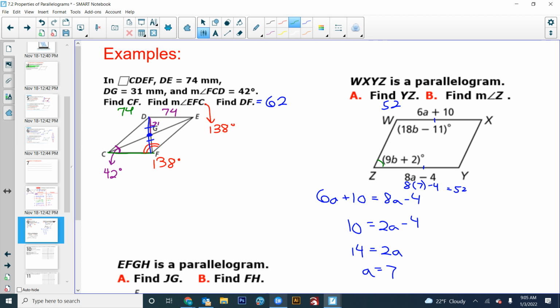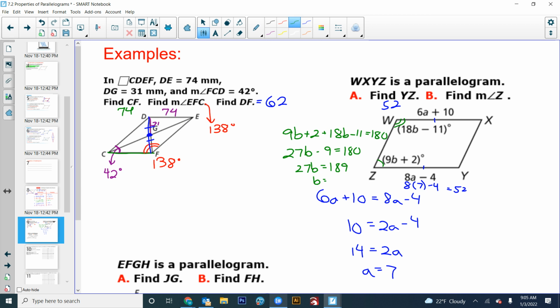So this angle Z and this angle W, careful, add them up to equal 180. So we get 27b minus 9 equals 180. 27b equals 189. Divide by 27.